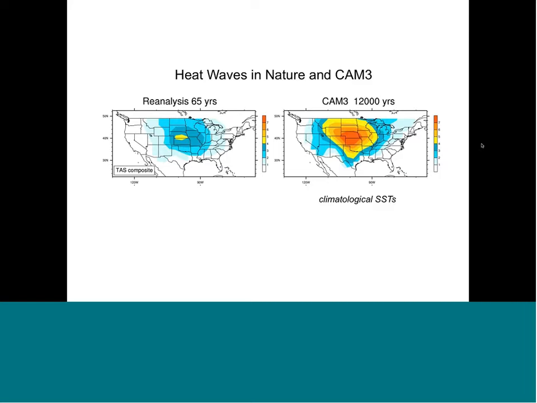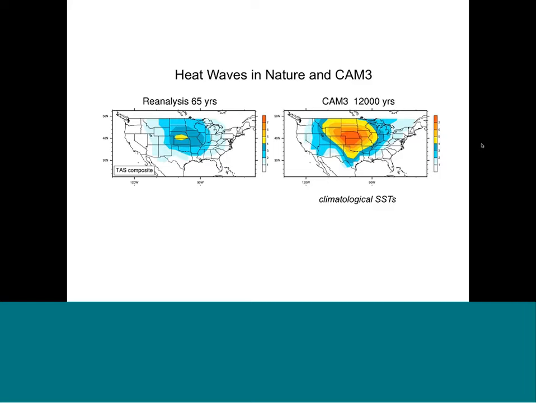But the problem is that during the 65 years of data that we've looked at, there are only 49 events, or 49 days, that qualify by our definition as heat wave days. So that's not a lot of examples to analyze. We've instead turned to a general circulation model in which we have 12,000 years of integration, and we've applied our same index.